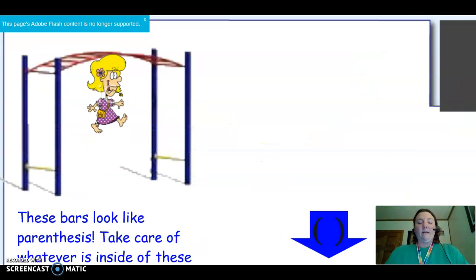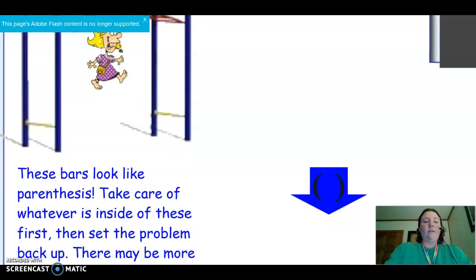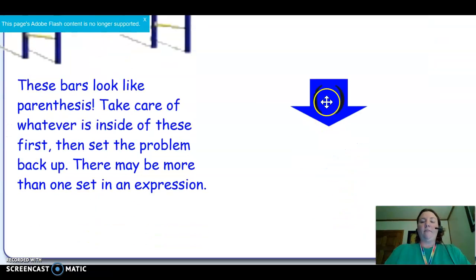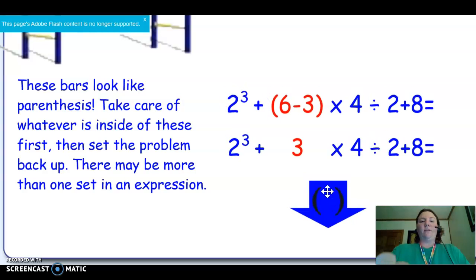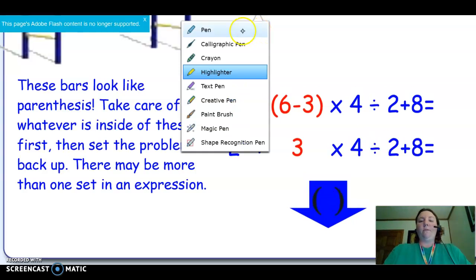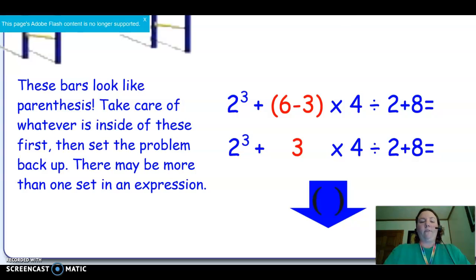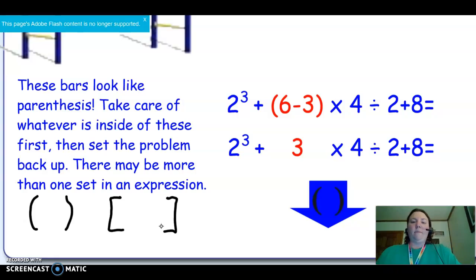All right, so the bars that Aunt Sally paralleled over look similar to parentheses. Now, it is important to remember that parentheses can look different. We can have a set of parentheses that's the curved type. We also will see later in the year some parentheses that look like brackets. And either way, we're going to solve using the same step.